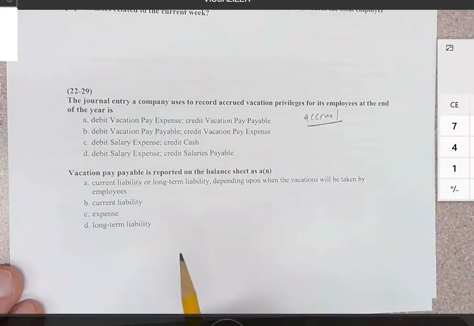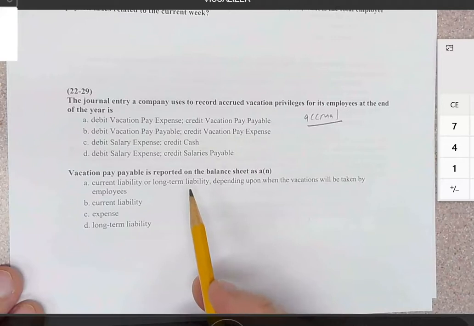What that means is when we recognize that we have a legitimate expense, we book that expense immediately. Whether or not we've paid any cash is irrelevant. So we need to be looking for a debit to an expense account.